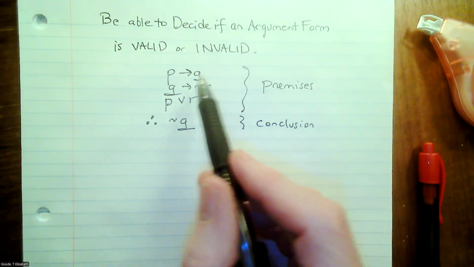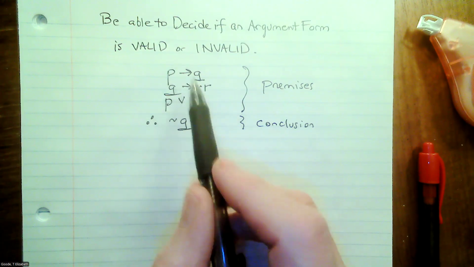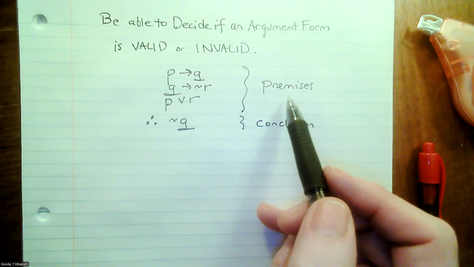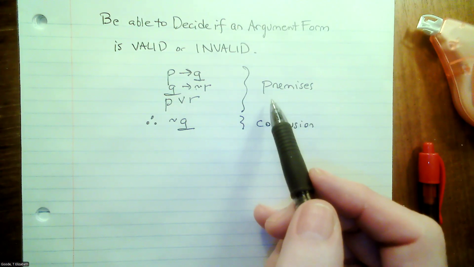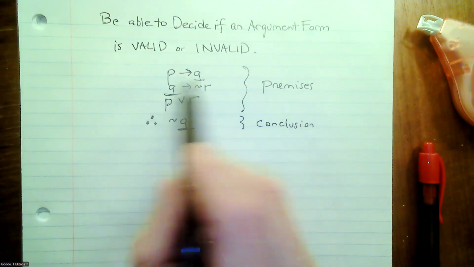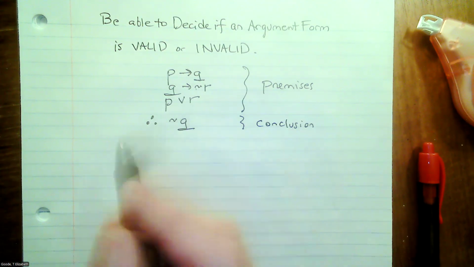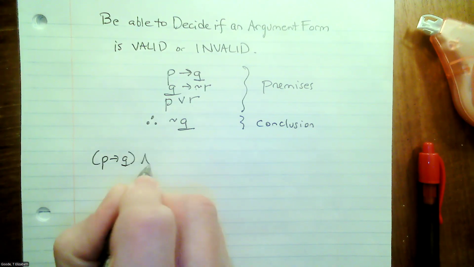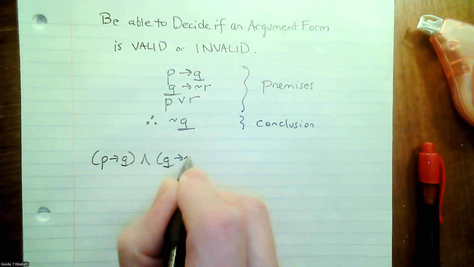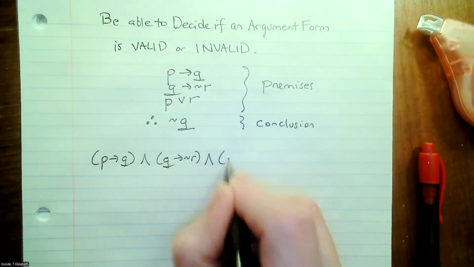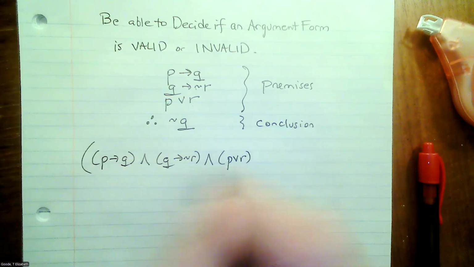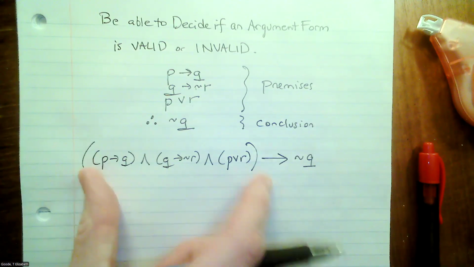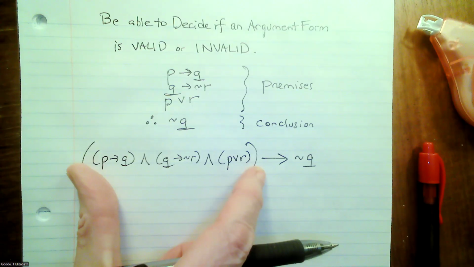Yeah, you only want to look at the rows where all the premises are true. You're right. Those are the rows of interest because we only care about the conclusion if all of the premises are true. Because remember, this argument form really means P implies Q, ANDed with Q implies not R, ANDed with P or R. If we have all those, then we're claiming we're going to get not Q. So we only care about when the hypothesis is true.